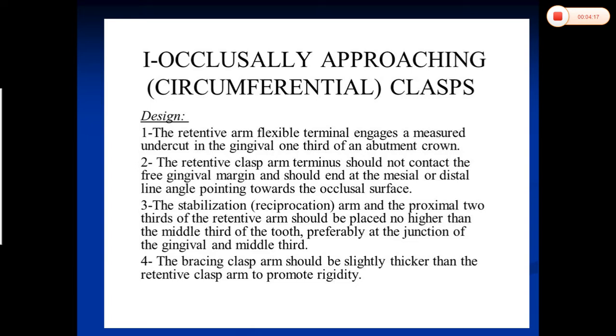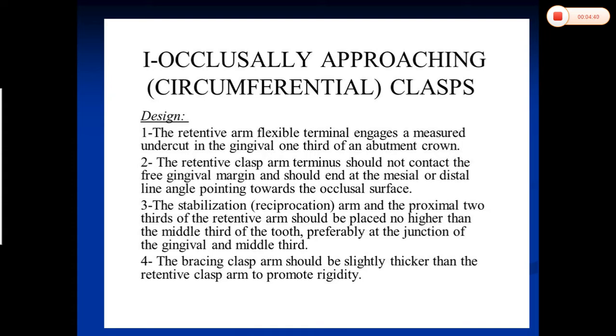All the components of the clasp except the retentive arm terminal will lie above the height of contour. Only the terminal or tip will engage the undercut lying below the height of contour.